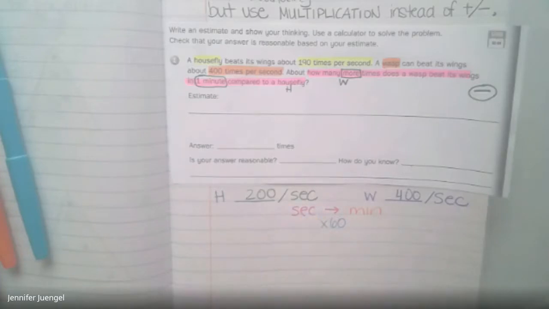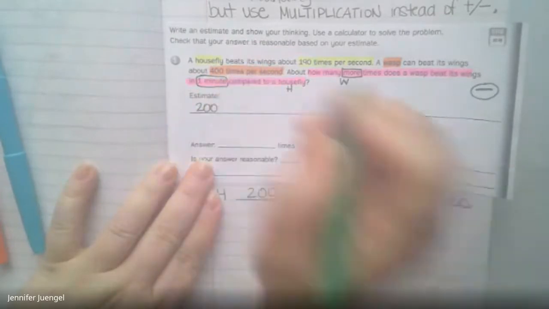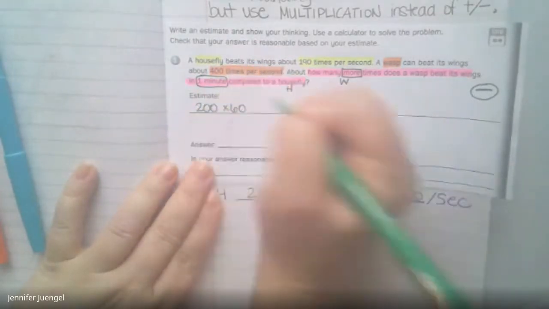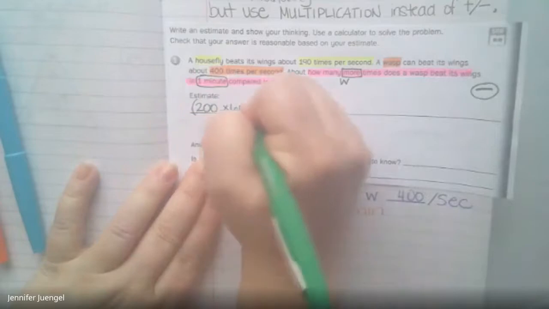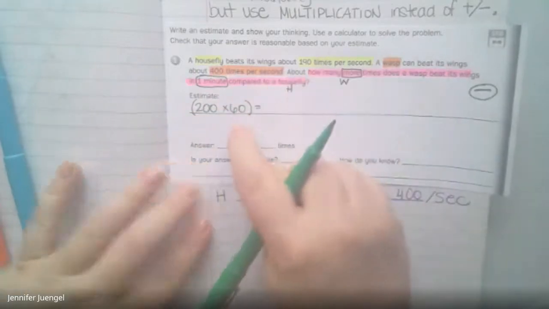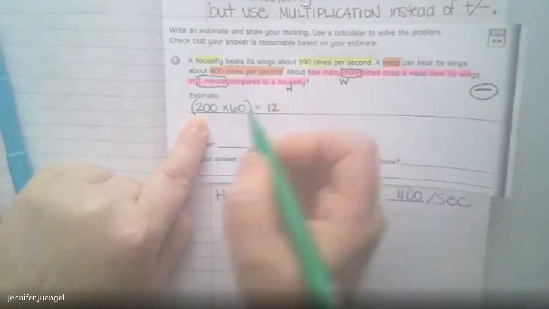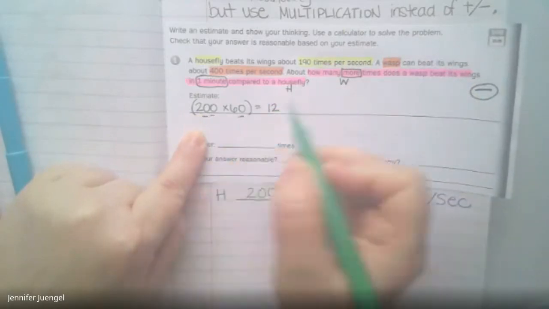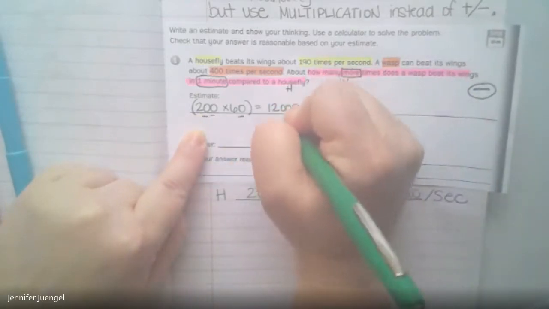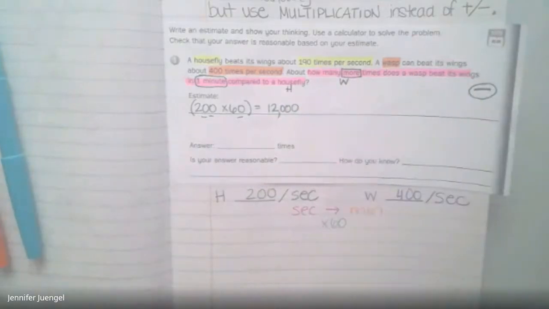So let's do that. Housefly, 200 times 60. And I remember from yesterday, I can focus on my basic fact, 12. And I see 1, 2, 3 zeros. Okay, that looks good.